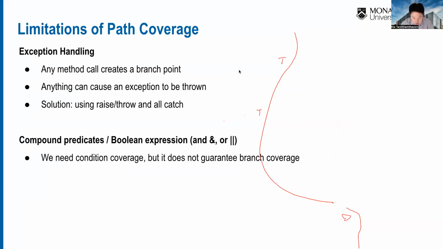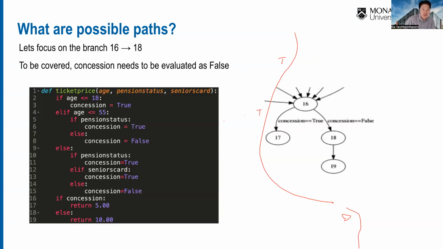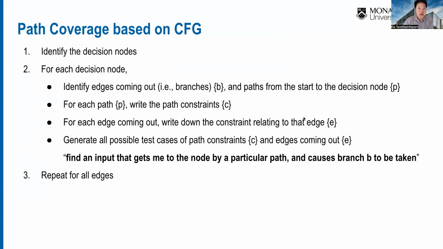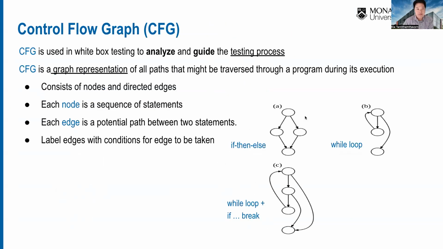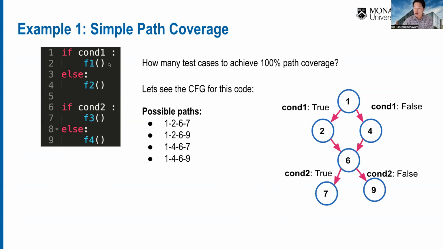So, the question is why we are looking at the concession being false specifically. Actually, not really. Maybe I didn't explain it clearly, so let me clarify this again. We often consider path coverage, and we need to identify the feasible paths to arrive at that condition.